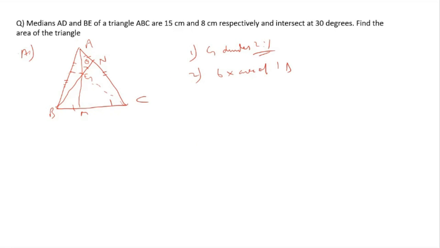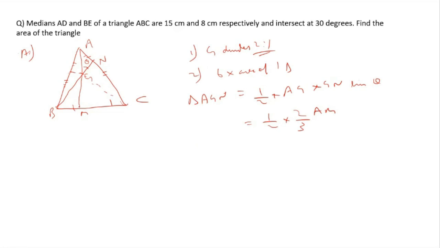Okay. So now if we just see this small triangle AGN, its area would be equal to half into AG into GN sine theta, using the area of a triangle concept. AG, now it is 2:1, right? So AG will be 2/3 of AM.